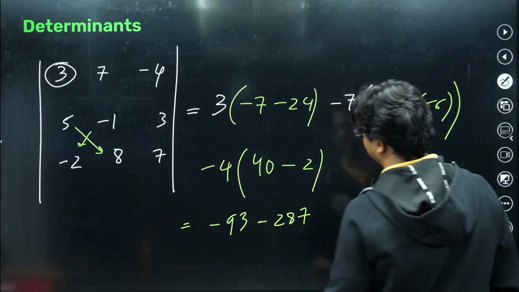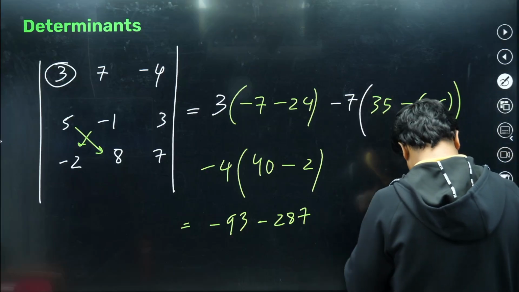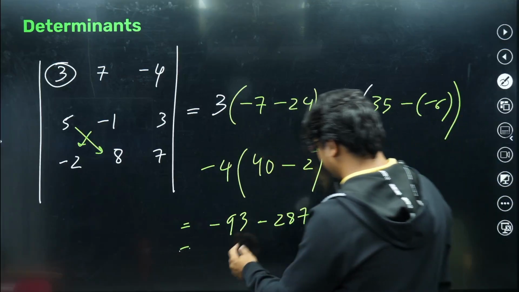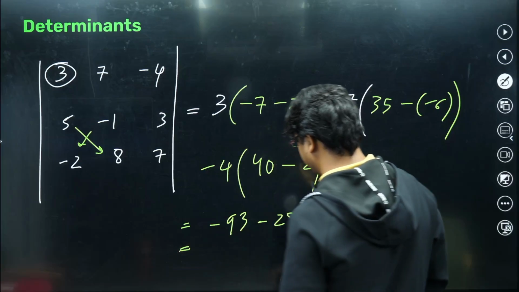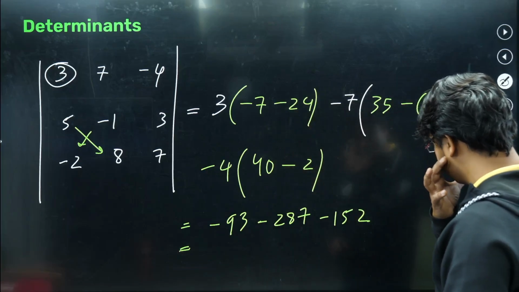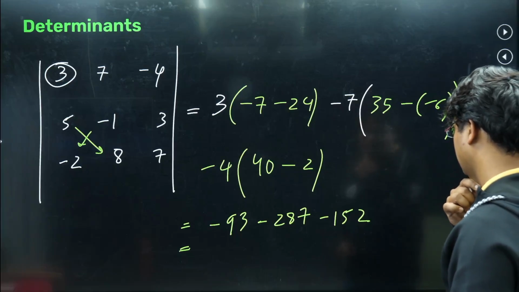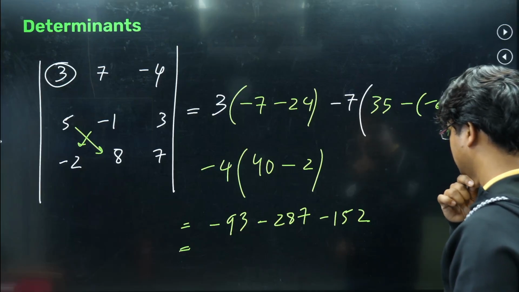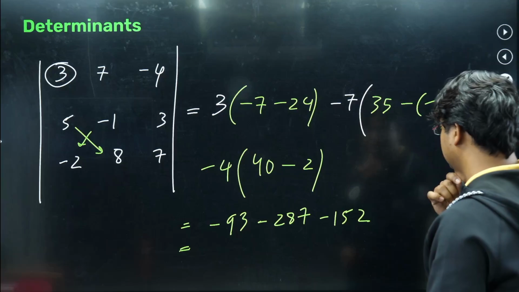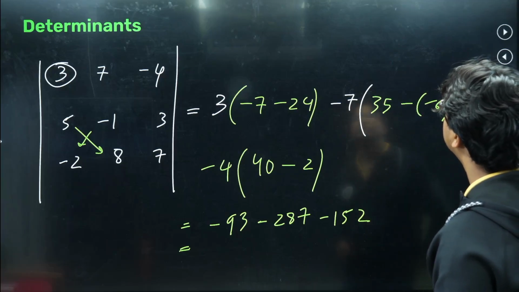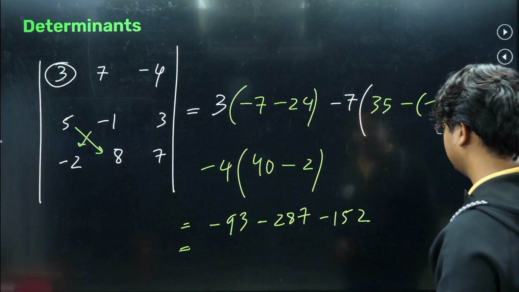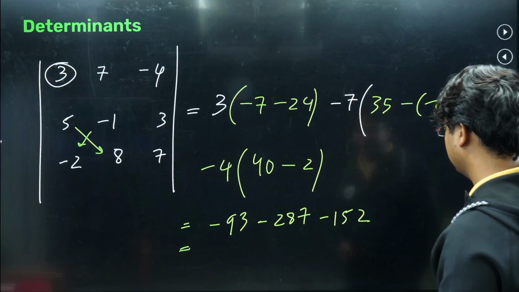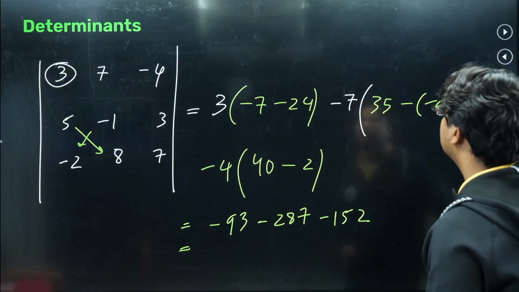This is 38. 38 into 4 is minus 152. So you can add these numbers, you will get the answer. How much will it become? 532, I think.